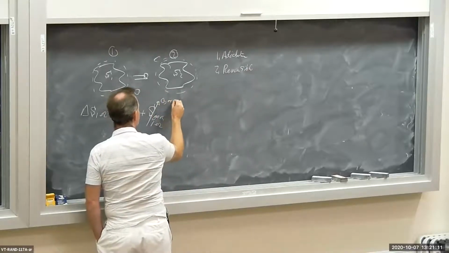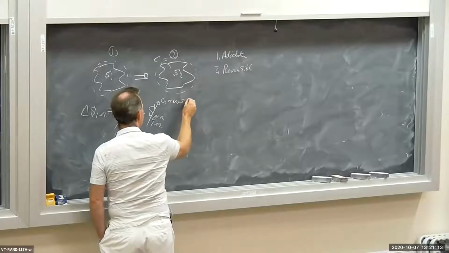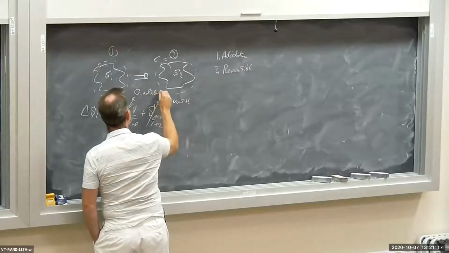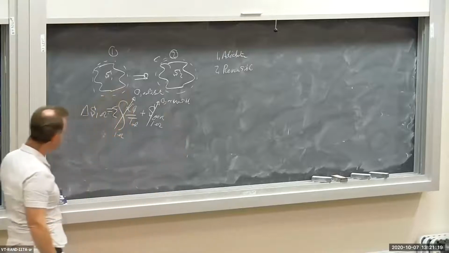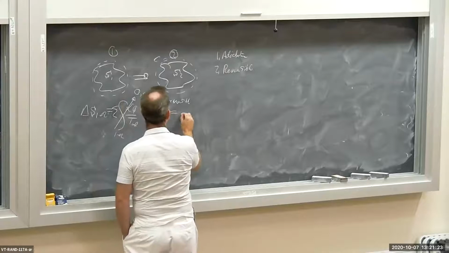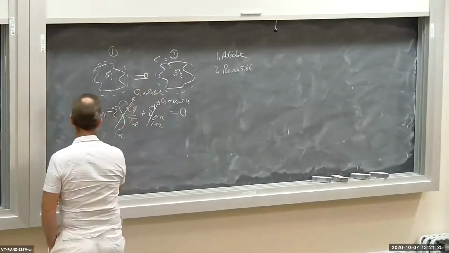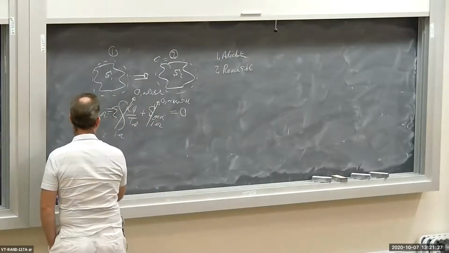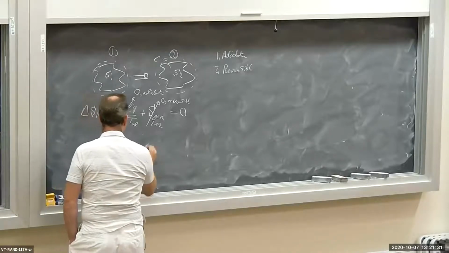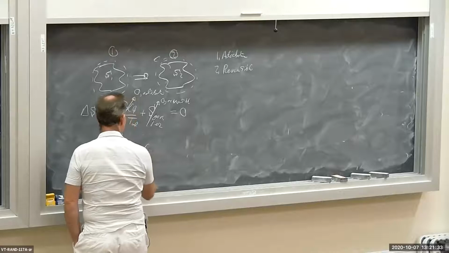So 0 reversible, 0 adiabatic. Okay. Then, of course, we have delta S equaling 0, or an isentropic process. Delta S 1 to 2 equals 0. Isentropic.